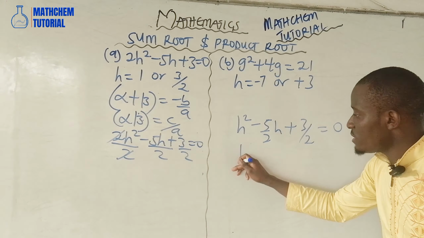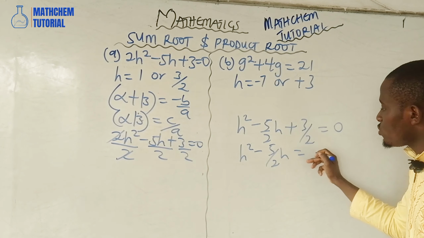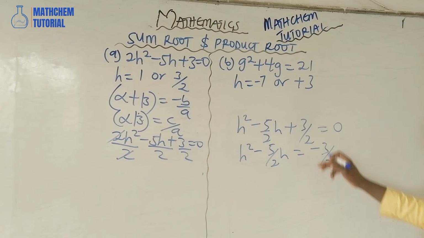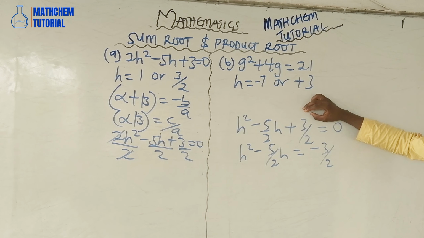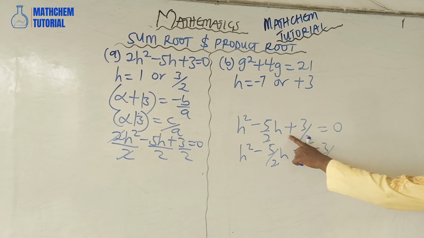And finally, we say h squared minus 5 over 2 h equals minus 3 over 2. I hope you remember this by collecting like terms, whereby this constant is going to come over to this side, and this plus sign will change to minus.